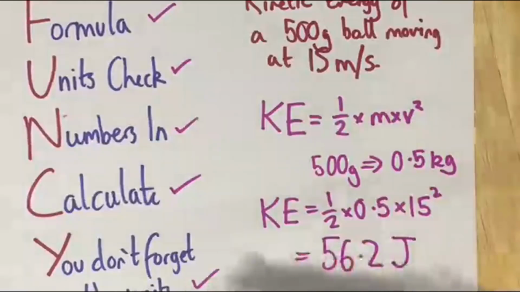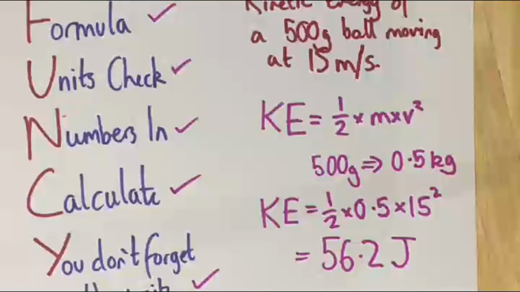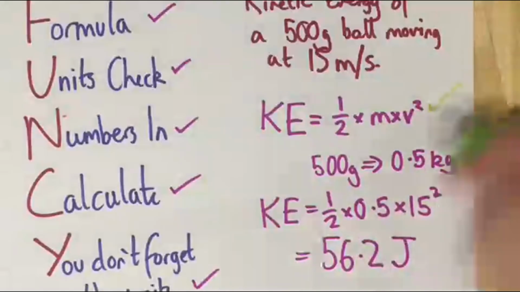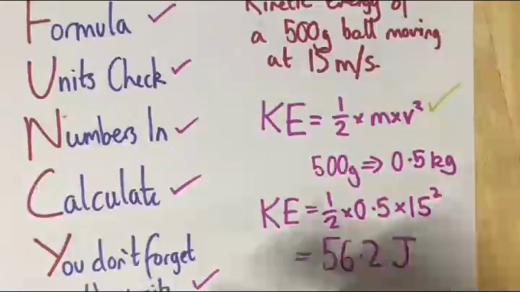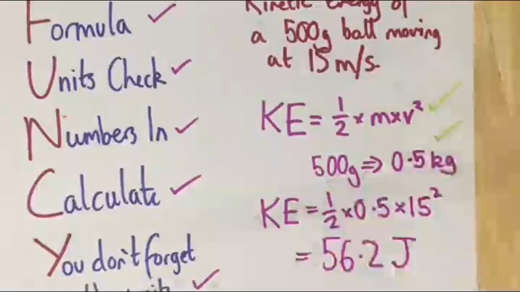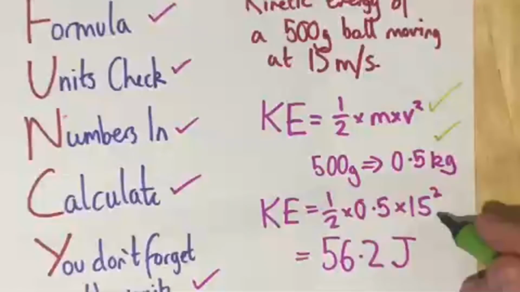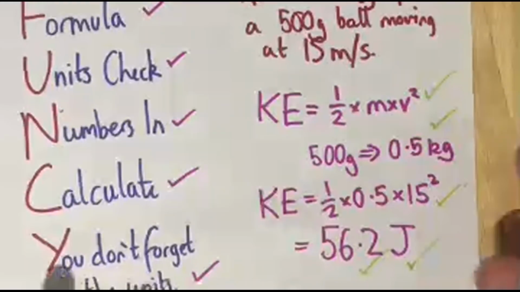Cool. So that is how you answer any equation question. Make sure that you follow those steps, the reason being that you would get a mark for various points in this. You would get a mark for the conversion. If they did this freehand, you'd probably get 5 marks.